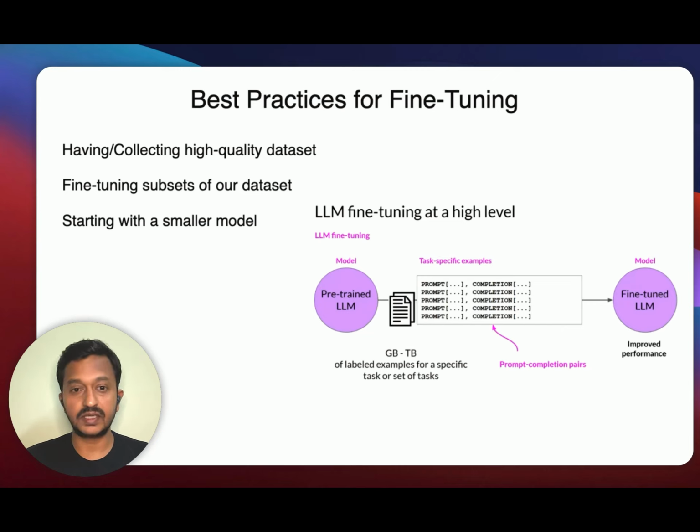So instead of directly picking the large language model, we can choose a smaller model which can use less computational resources. Right. So these are the three important best practices for fine tuning large language models.